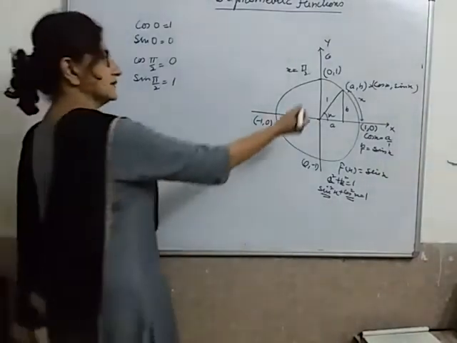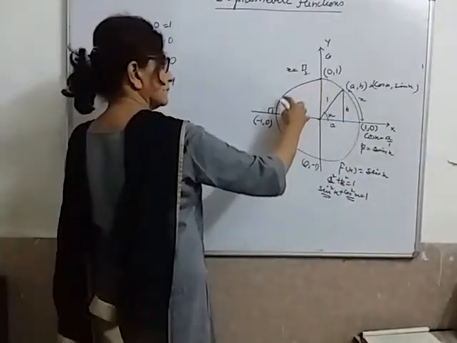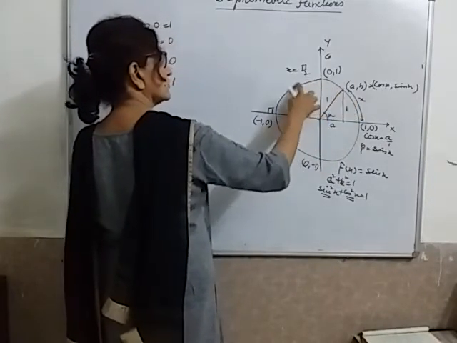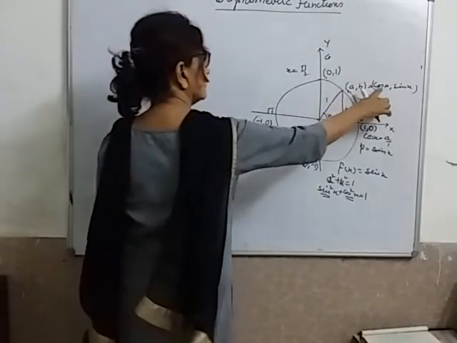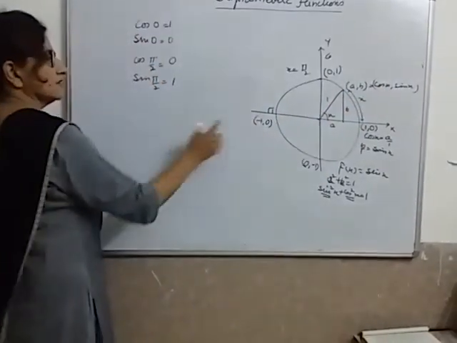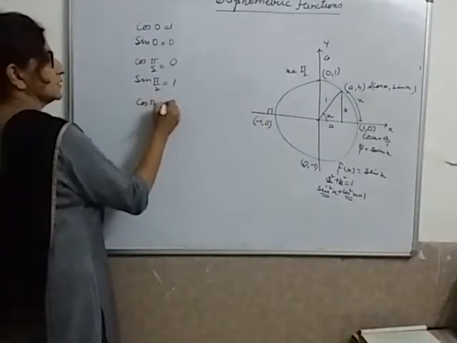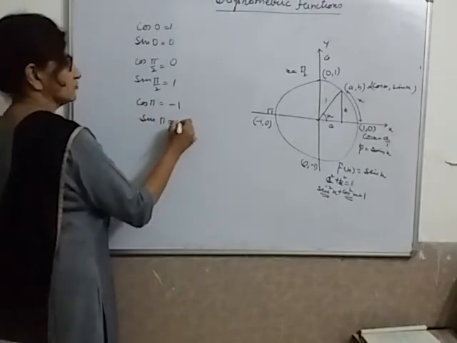Okay, still move further. My x is pi here because for every x it will correspond to a different value of cos x, sin x on the circle. When my x is pi, value of cos x and sin x will be minus 1 and 0. So cos pi equals minus 1 and sin pi equals 0.